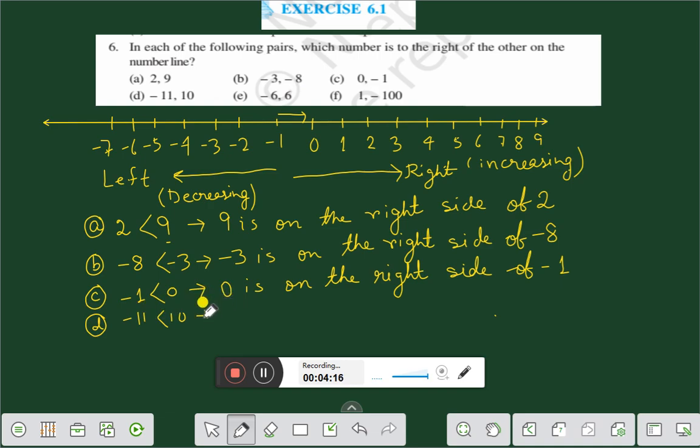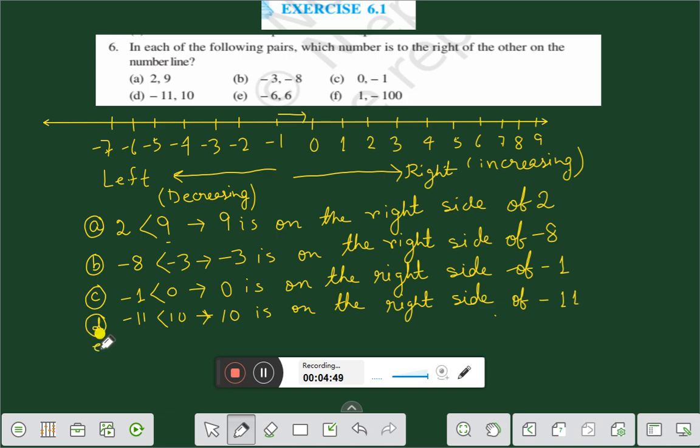Therefore 10 is on the right side of minus 11, right? 10 is on the right side of minus 11.